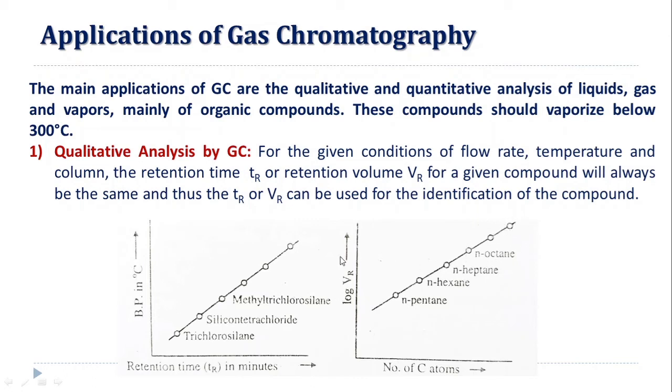If you measure the retention volume and plot this log of VR on that line, we can find out how many carbon atoms are in that compound. So in this way we can use retention time and retention volume for the identification of an unknown compound.